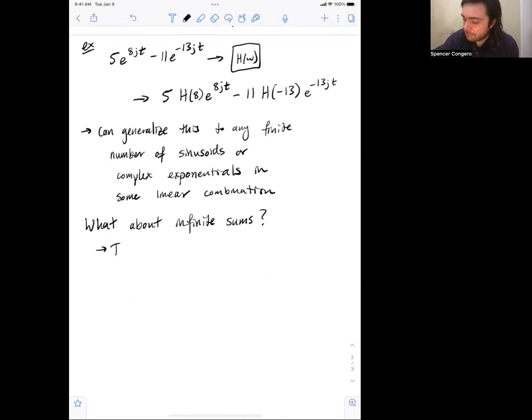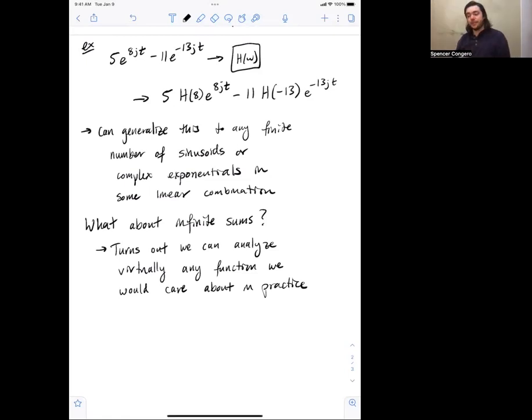And it turns out we can analyze virtually any function we would care about in practice. It turns out there are strange cases that we're not going to deal with in this class, where things are not always so simple.